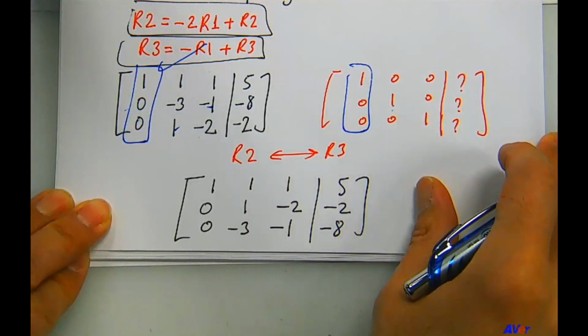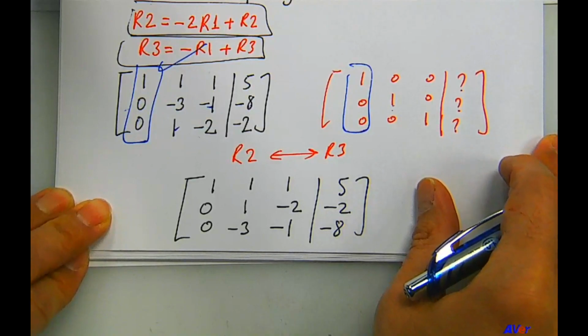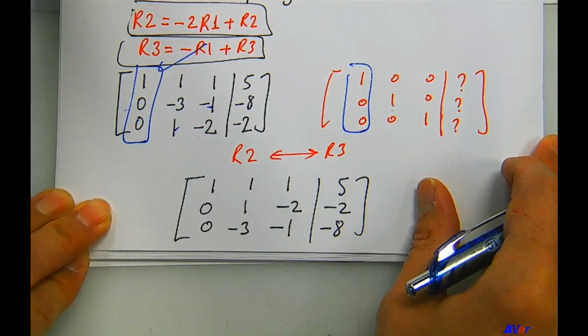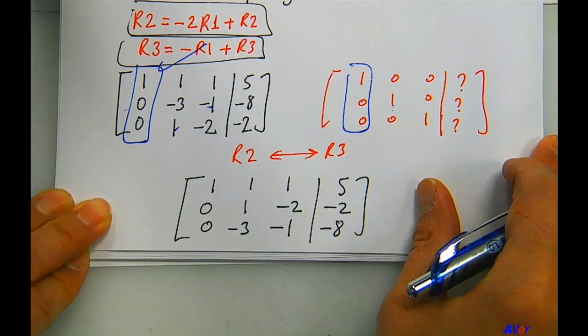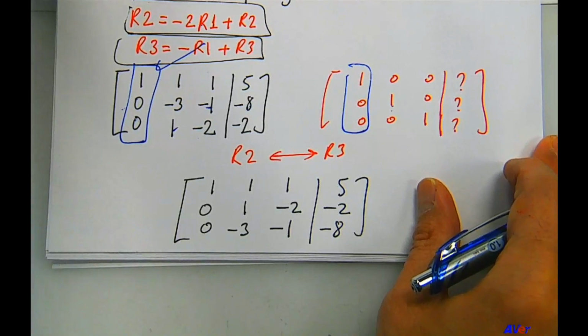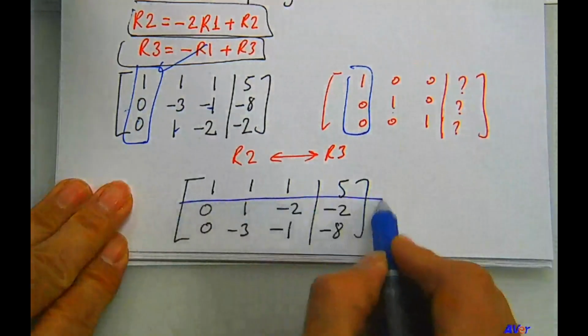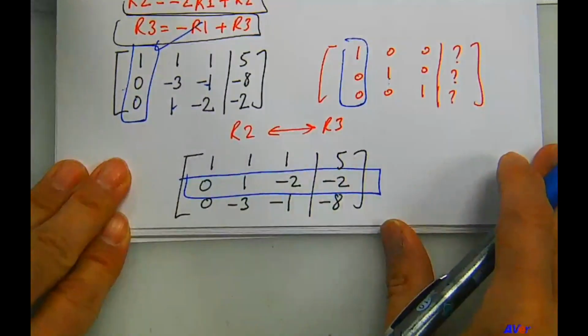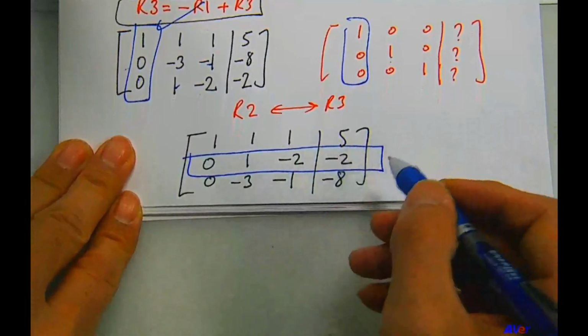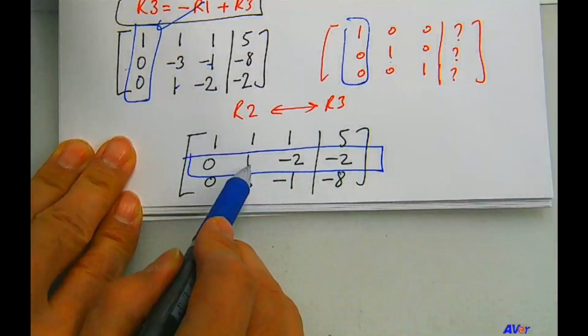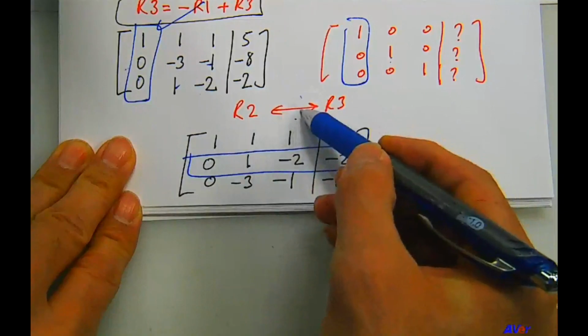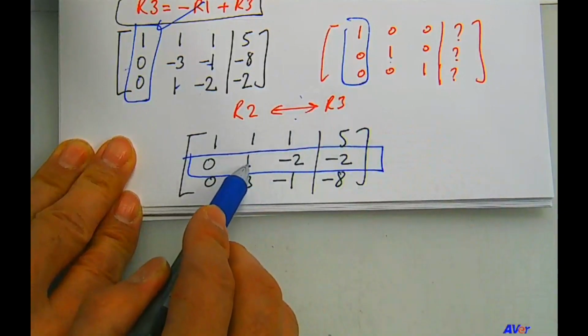So my question to you now is, which row is the pivot row at this point? Did you answer it in your own head? Okay, great. So if you answered row 2, that's correct. Row 2 is the pivot row. Why? Because we just got the 1. With interchanging the rows, we were able to get the diagonal 1.